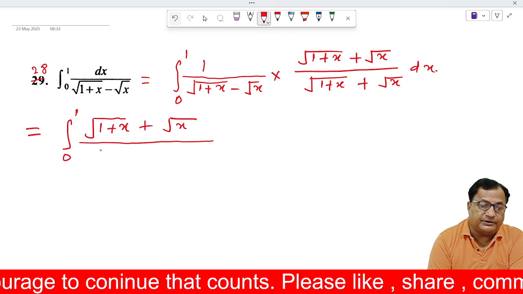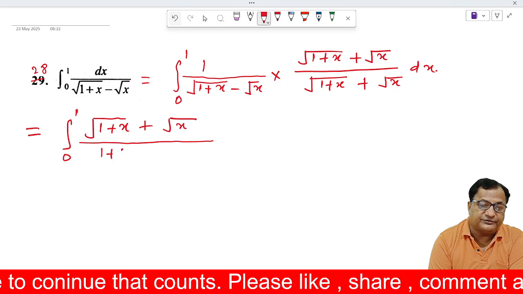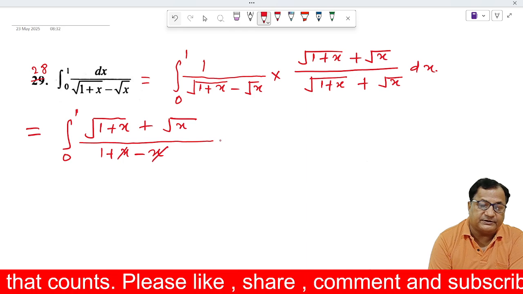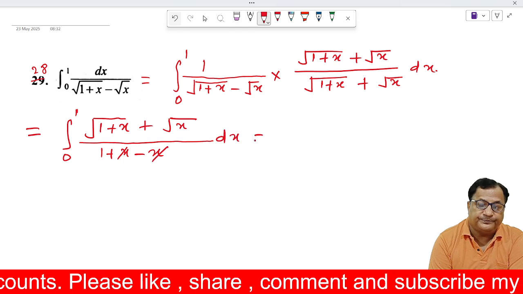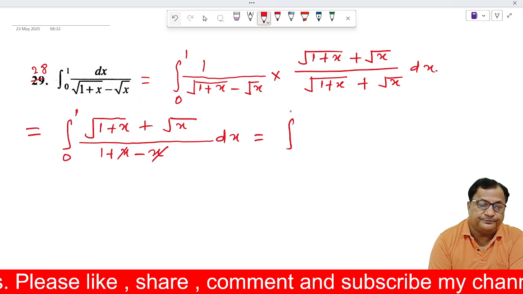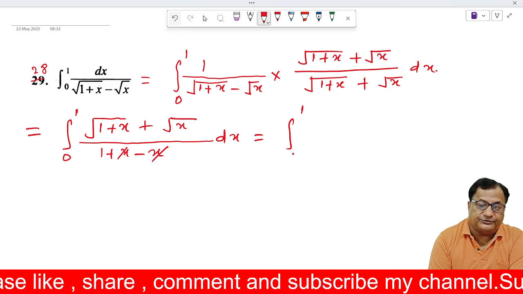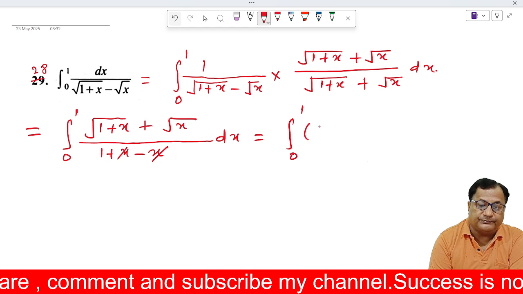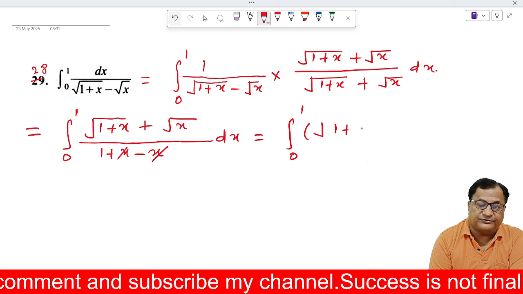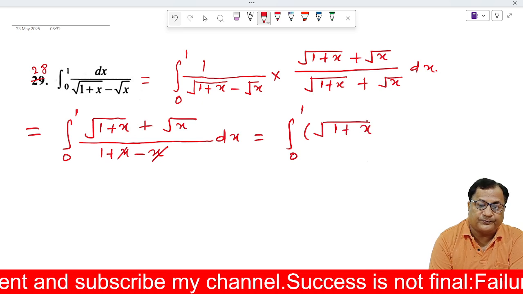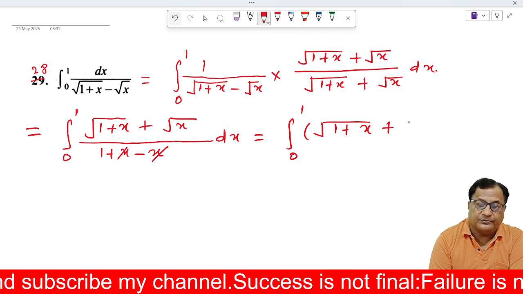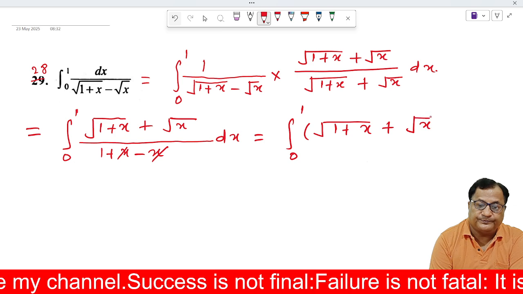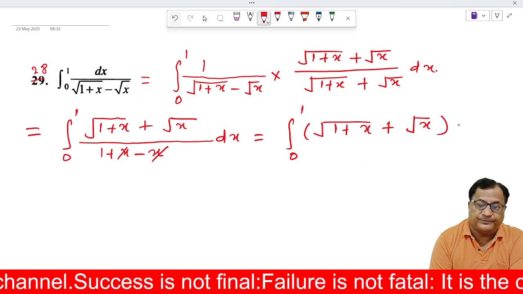So the root will be removed, 1 plus x minus x. So x will be cut, and dx is equal to integral from 0 to 1 of this will be 1 plus x plus root x dx.